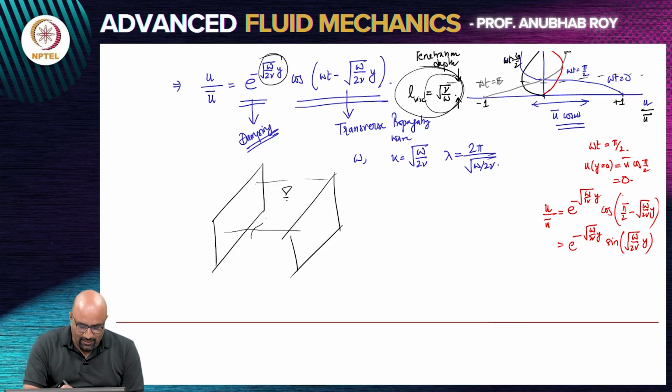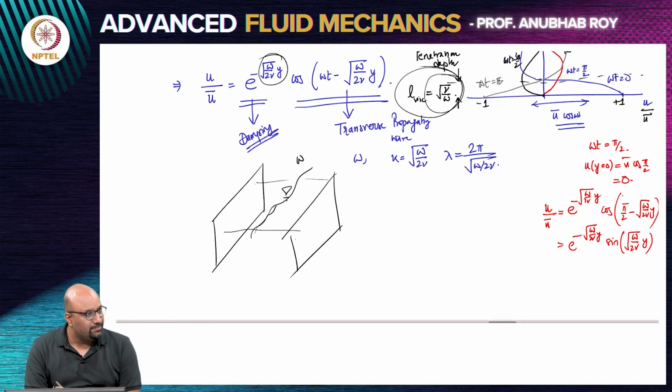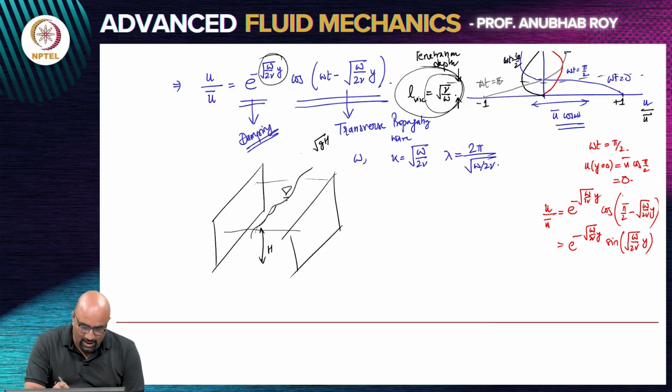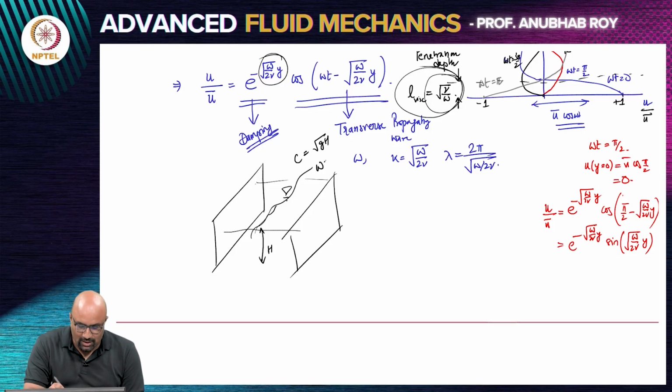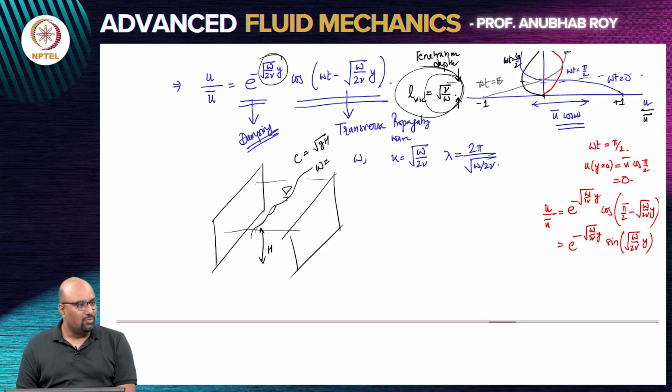Now, if there are waves propagating here, which have a frequency omega, and these waves are due to gravity, then you can work out the wave speed. If the depth is not too deep, the speed will go as root gh, and you can find out the frequency with which it is going to move based on the wave speed.